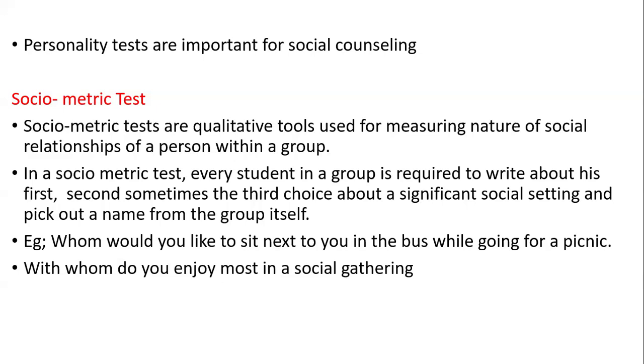They are tools used for measuring the nature of social relationships of a person in a group. In a sociometric test, every student in a group is required to write about him first, then a second and third choice about a significant social setting, picking out a name from the group itself.